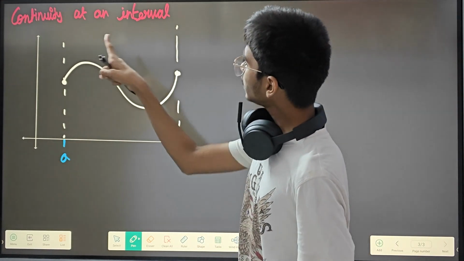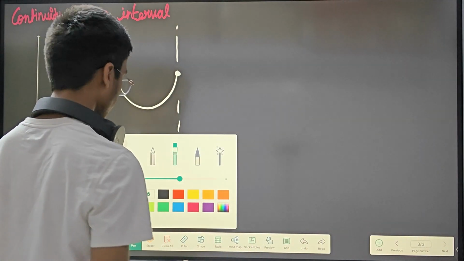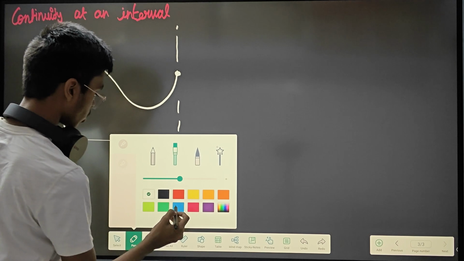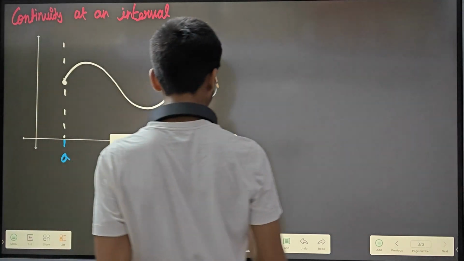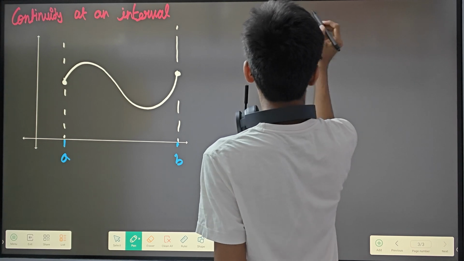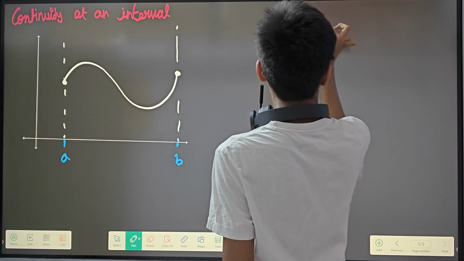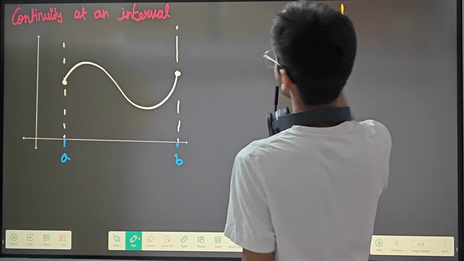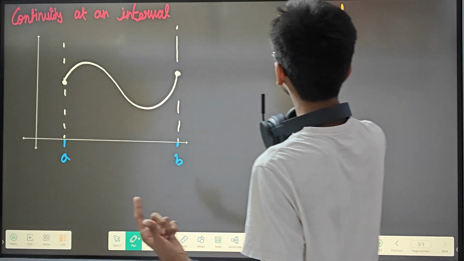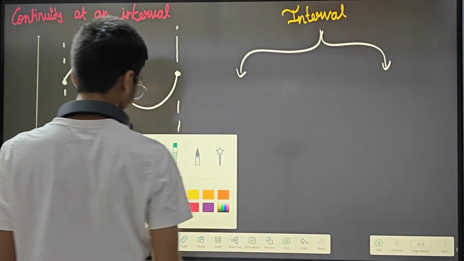So continuity at an interval itself is actually of two different types. First you have to understand some concepts about intervals. In an interval you will normally be using two different types of brackets. What are they?